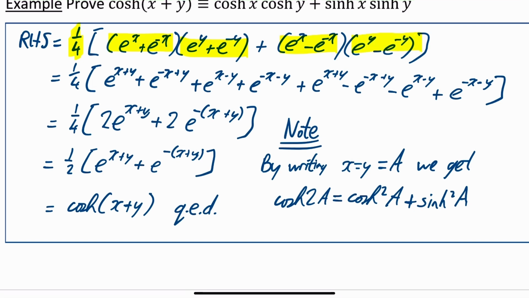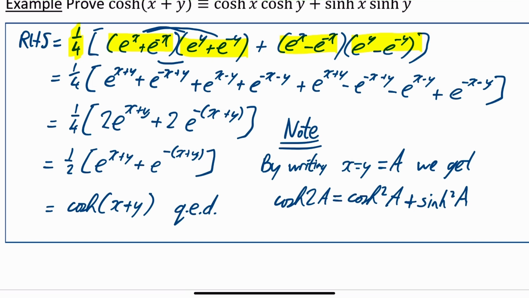Okay, so your quarter's still here, and then you're just doing your curly lines. So e to the x times e to the y is e to the x plus y, e to the x times e to the minus y is e to the x minus y. You've also got e to the minus x times e to the y, and e to the minus x times e to the minus y.